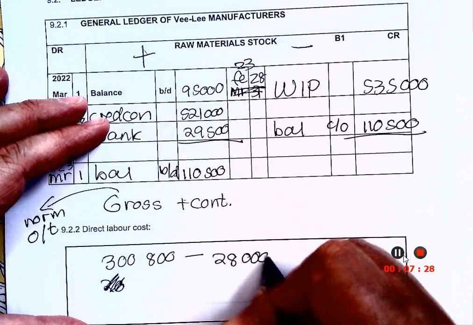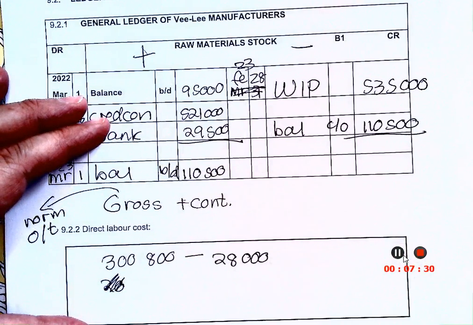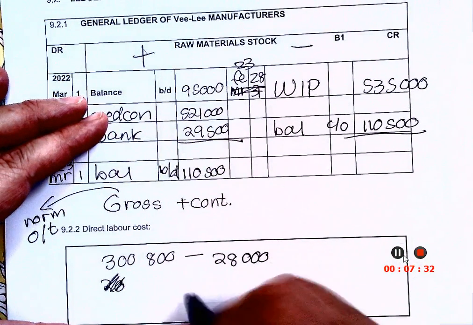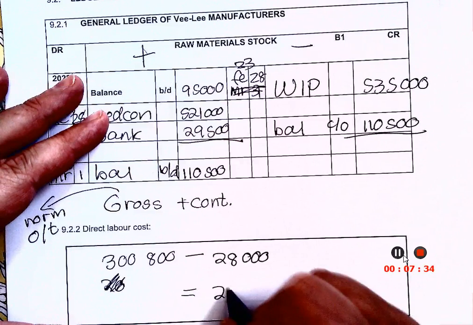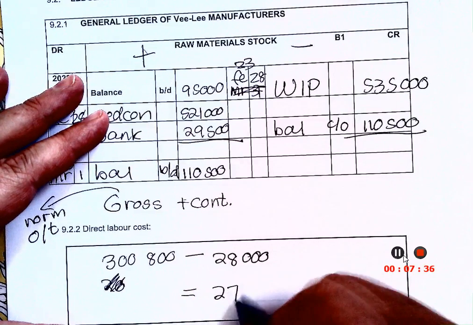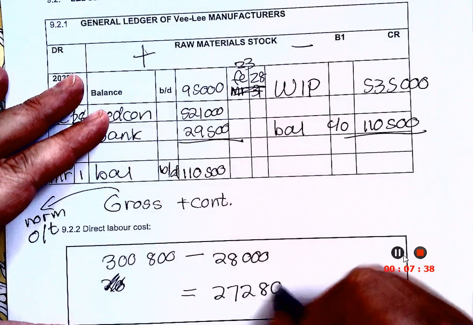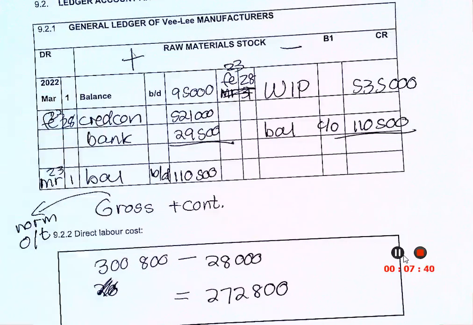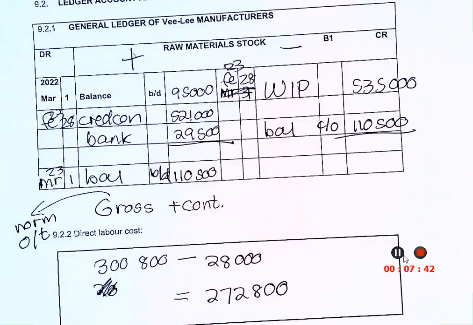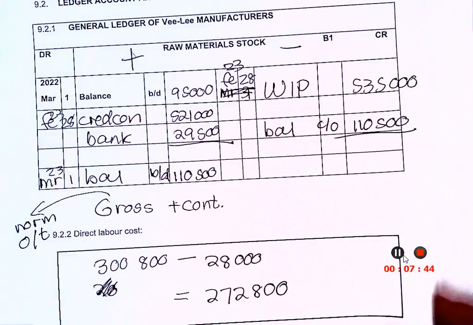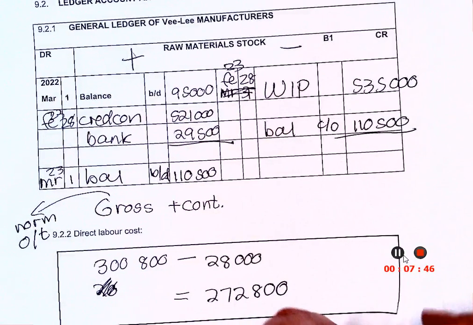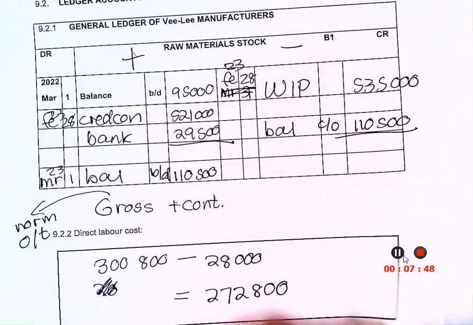Everybody with me? Okay, so this gives me 27. Now I need to remember that for factory overheads, because the factory foreman needs to be added, 28,000.